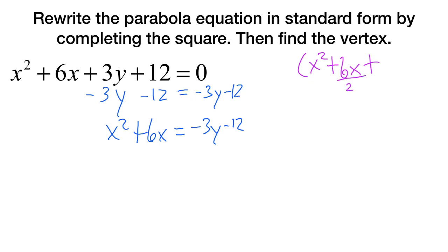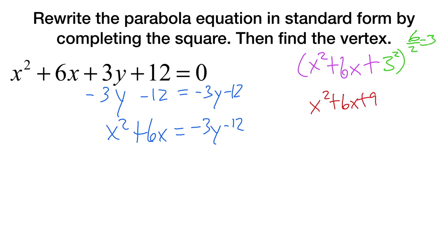So I do 6 divided by 2, which is 3. So that becomes plus 3 squared. So that ends up being x squared plus 6x plus 9.